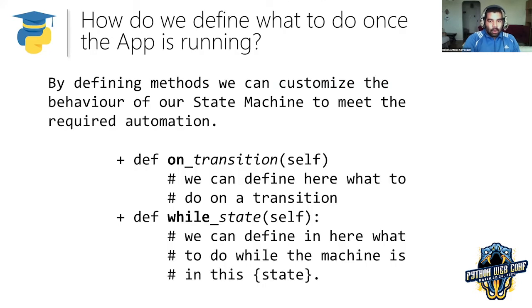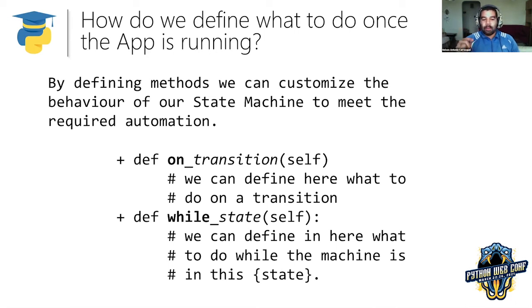And okay, so how do we define the behavior of the state machine? Well, by defining methods, we can customize the behavior of our state machine to meet the required automation. We follow the following format. If we define a method in this class on and the name of the transition, that is the code that is being triggered on a transition.